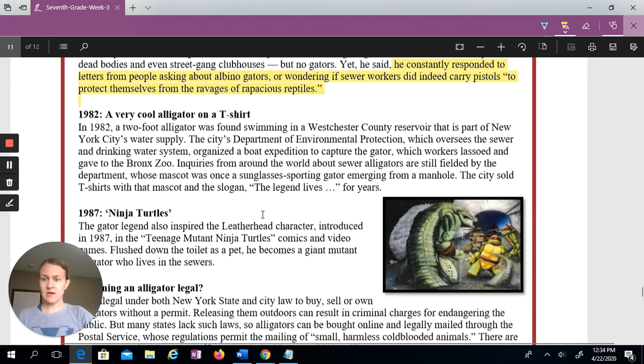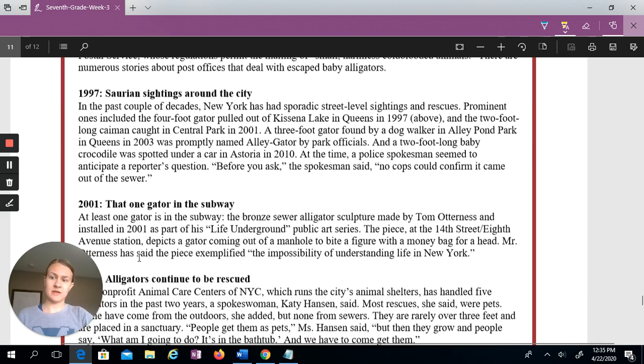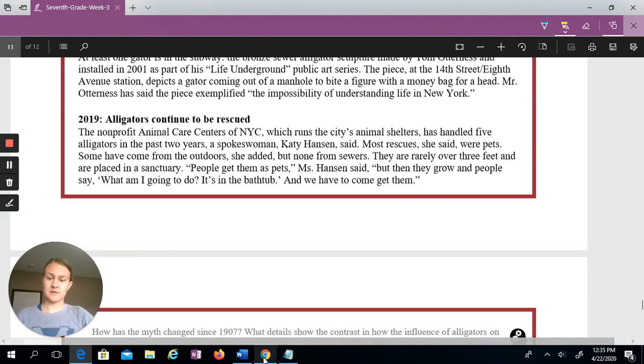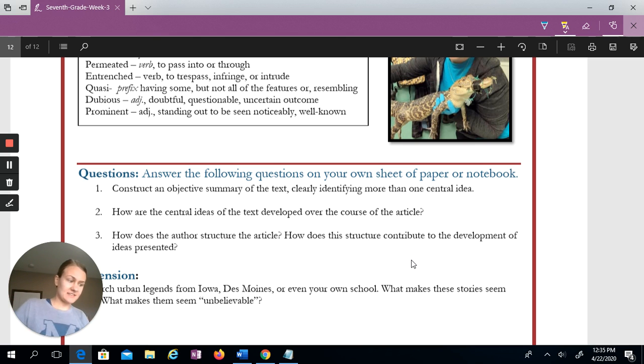Right now, if you look up here, look at what structure it is. So tell me what the structure is, and then how does the structure affect the flow of this? Why do they order things in the way that they do?